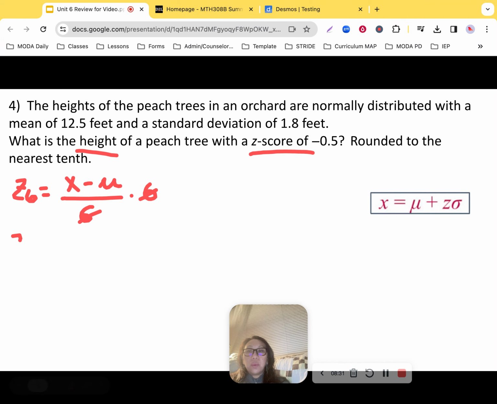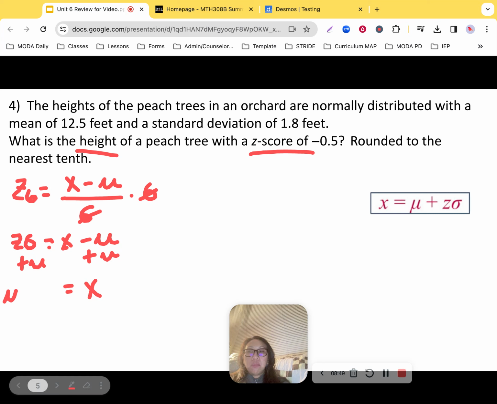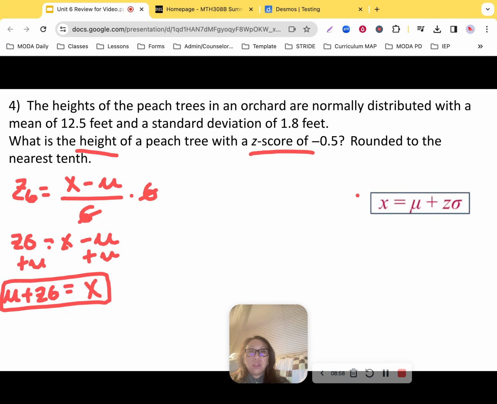So we have z times the sigma is equal to x minus mu, and to find the raw score x, we add the mu to each side. So then we end up with the x, which we're looking for here, the raw height of a peach tree, is mu plus z times the sigma. Which is the same thing as this formula.